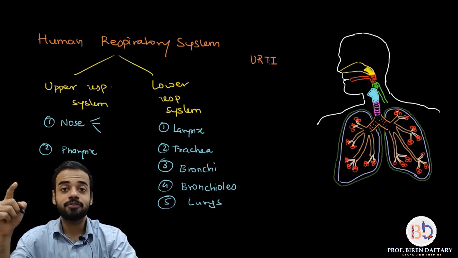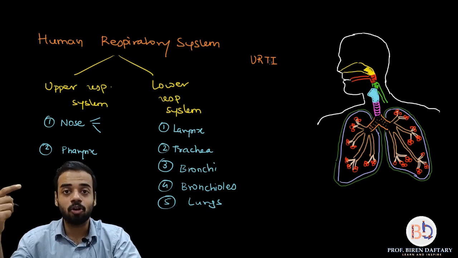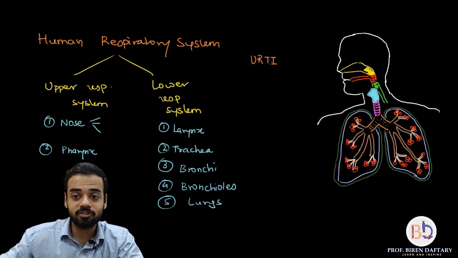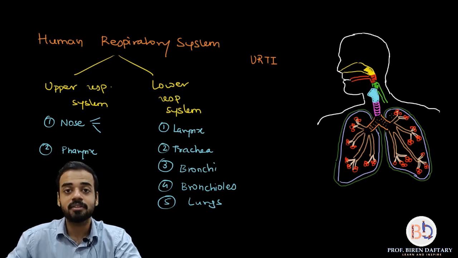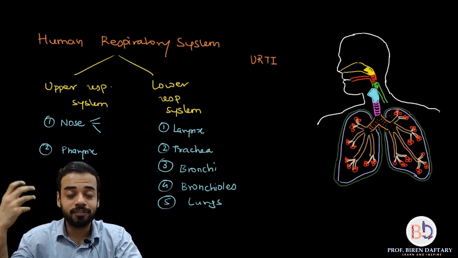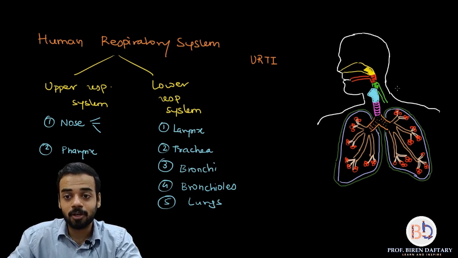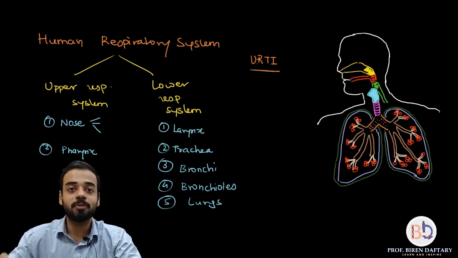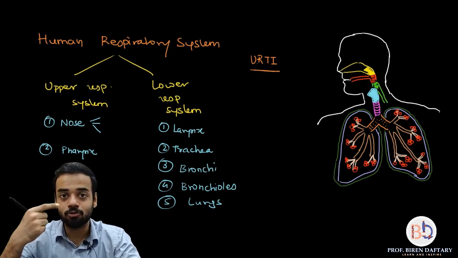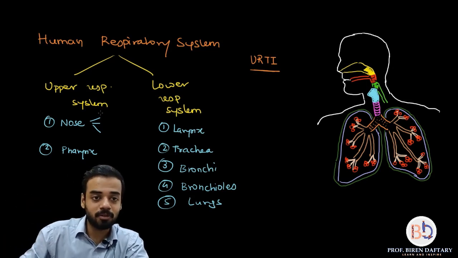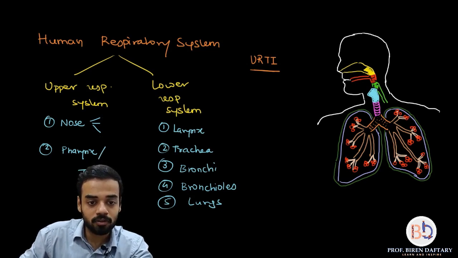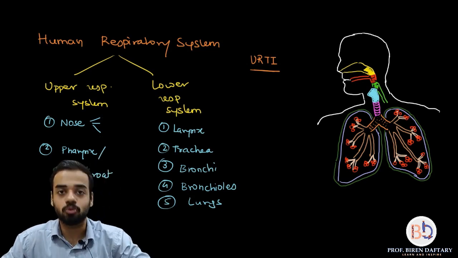Whereas if you suffer from disorders like bronchitis, that is called a lower respiratory tract disorder, because bronchitis affects your bronchi, which is a part of the lower respiratory system. So remember, the word URTI is commonly used for diseases which affect your nose and the throat. Please remember, pharynx is also called the throat. The common word for pharynx is throat.